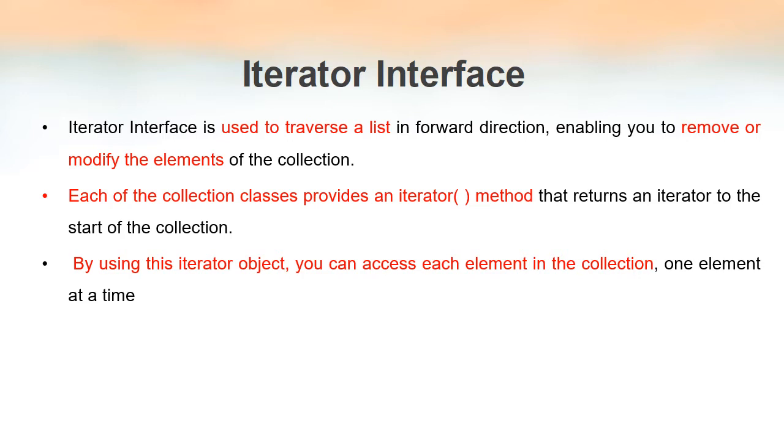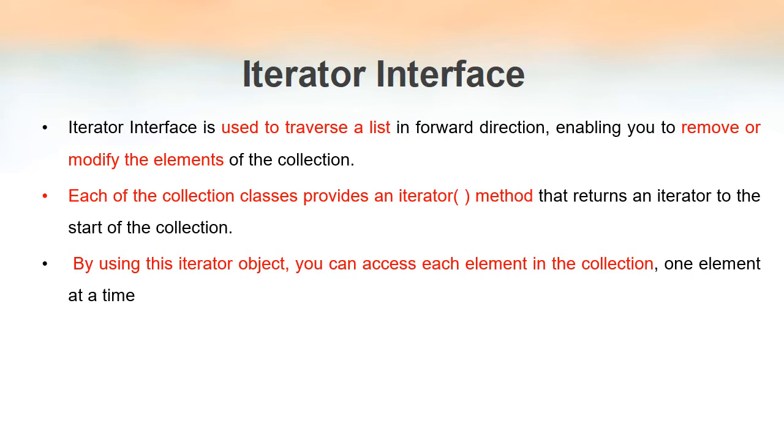A collection means any class that extends or implements the interface named Collection in the collection framework. We have seen that hierarchy. Collection is the main interface, from which we have the List interface, and the List interface is implemented by the classes ArrayList, LinkedList, etc. So any class that implements the List or Collection interface is said to be a collection itself.